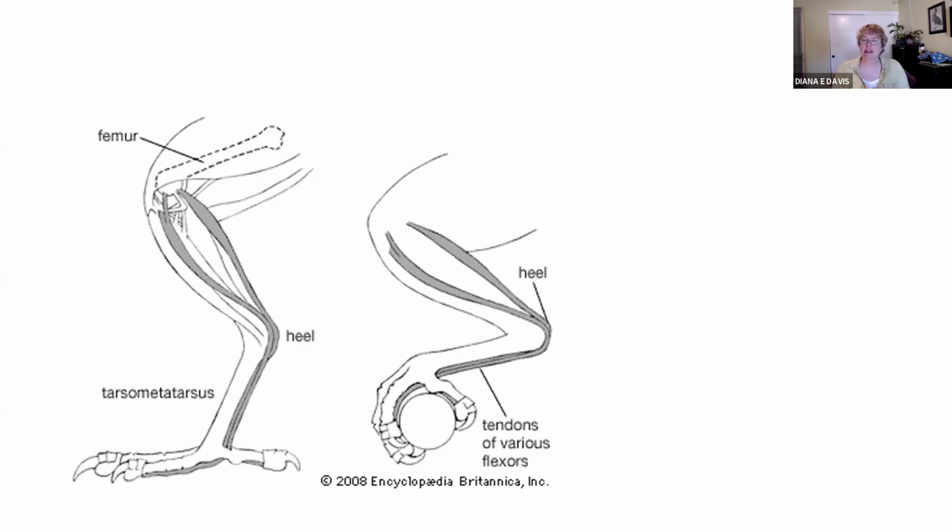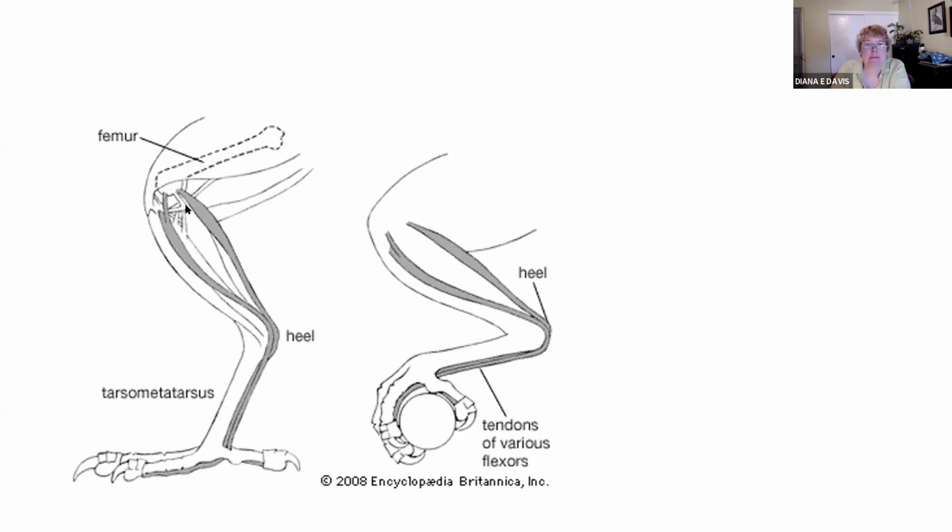It's not comfortable for most types of animals to sleep that way. And birds have a really funky way of being able to perch without using muscles.